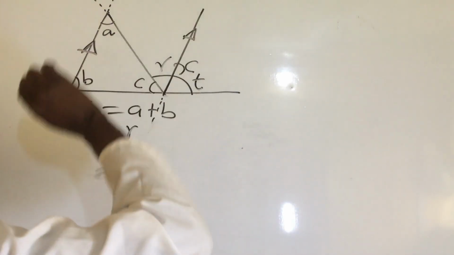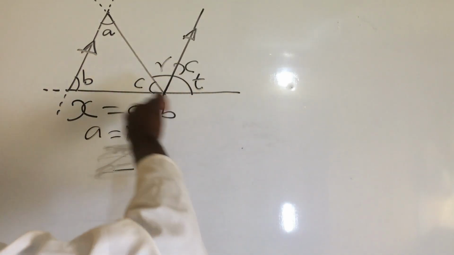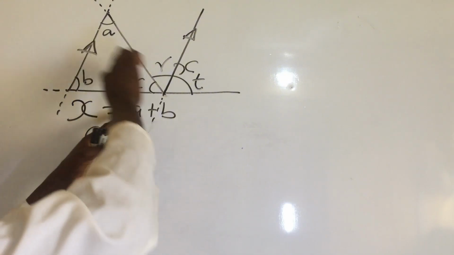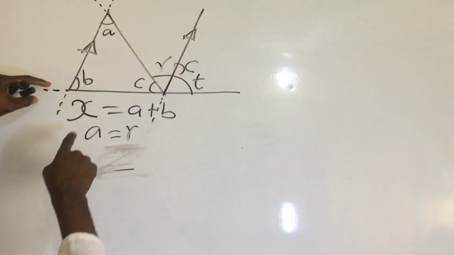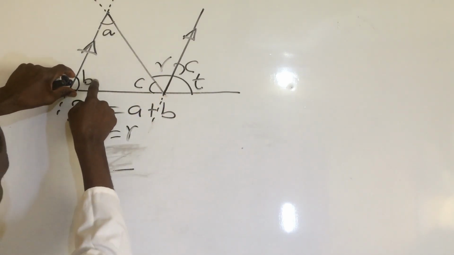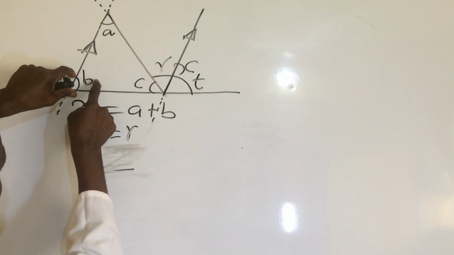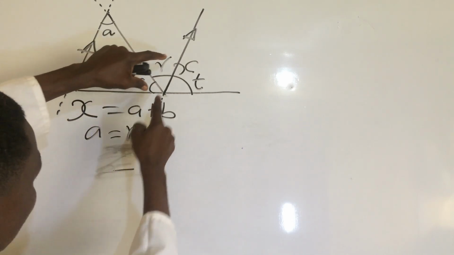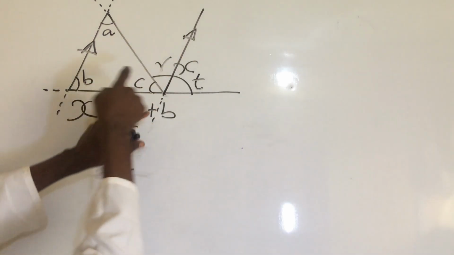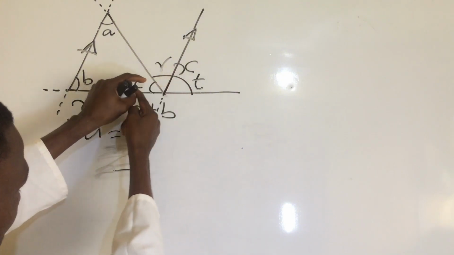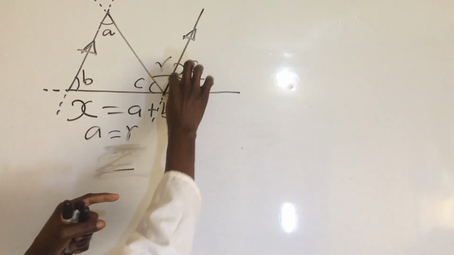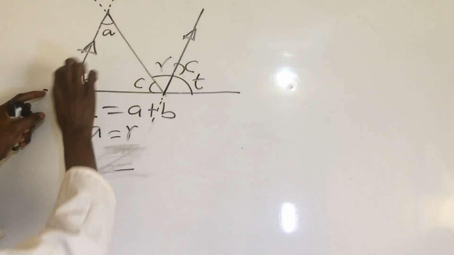When these two lines are parallel, the angle the transversal makes when it cuts the first parallel line will be the same angle it makes when it cuts the second parallel line.